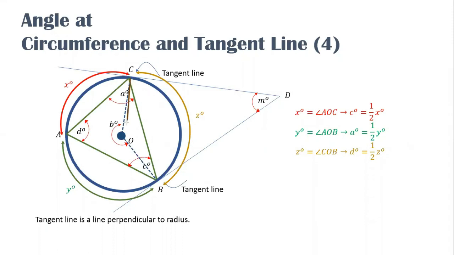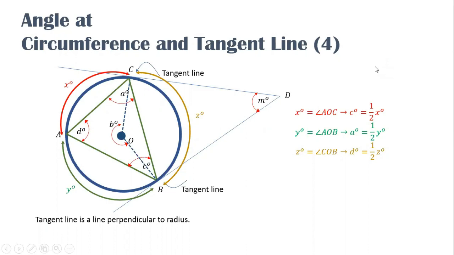COB equals angle Z degrees or arc angle BC, and we got the angle at circumference covered by D degrees. So it means D degrees equals a half of Z degrees. Is it clear to you, everyone? Okay, good.